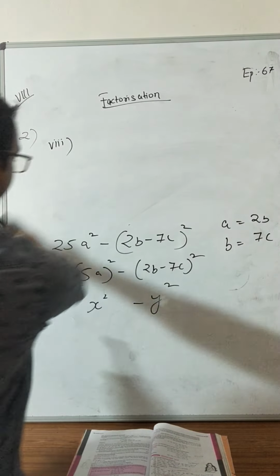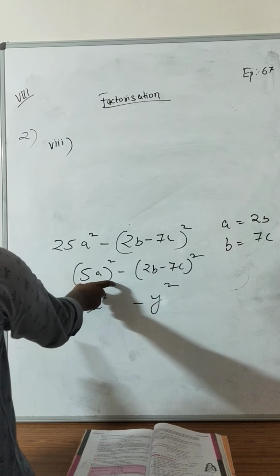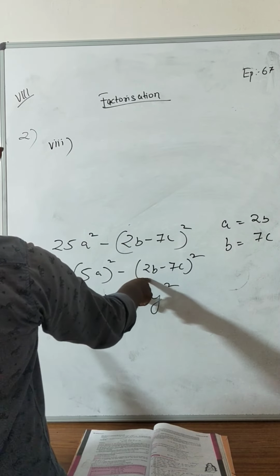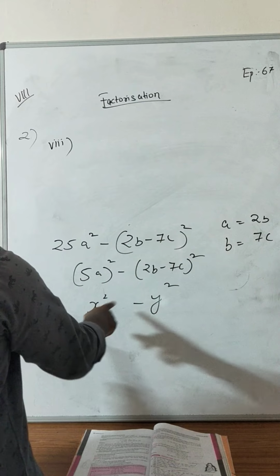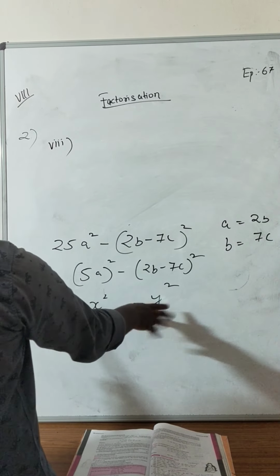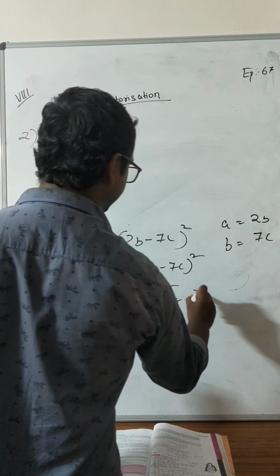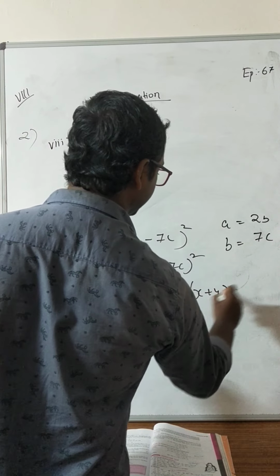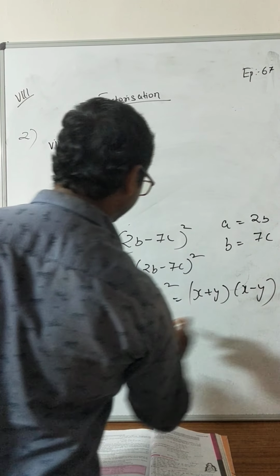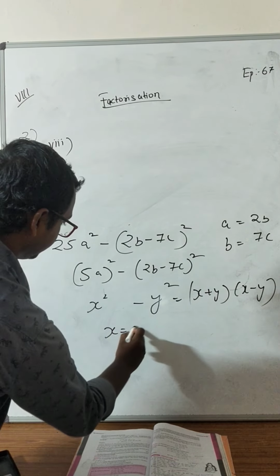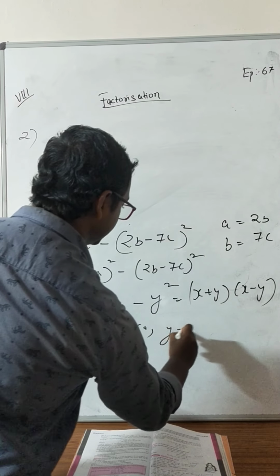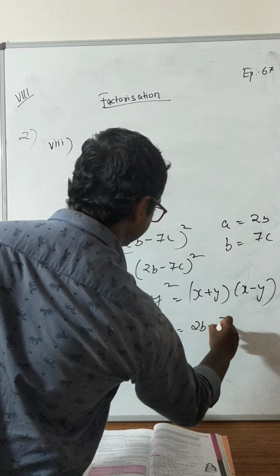So finally I am getting (5a)² minus (2b minus 7c)², which is of the format identity 3, x² minus y². x² minus y² can be expanded as (x plus y)(x minus y). So from this we know our x is 5a and our y is 2b minus 7c.